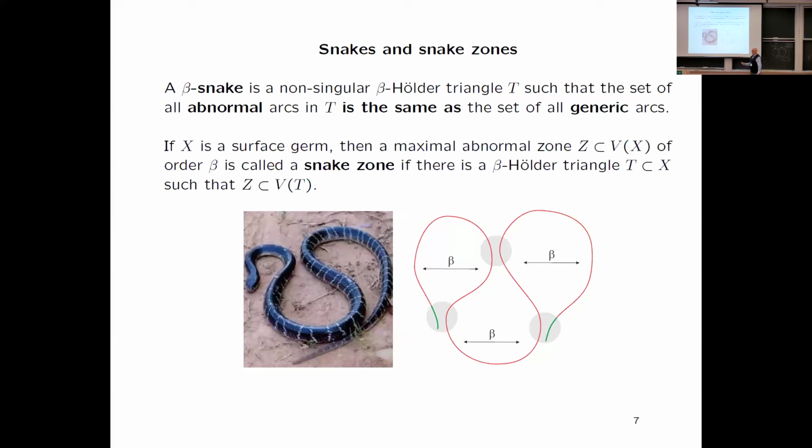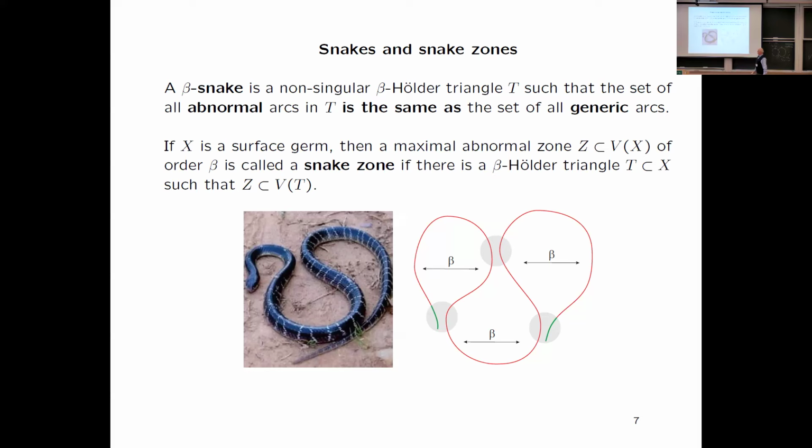To identify what is going on with exponents, we put beta here and beta here. This gray area means that this tangency order is higher than beta. Our snake has places where it hits itself. This part is contact higher than beta. This part is contact higher than beta.